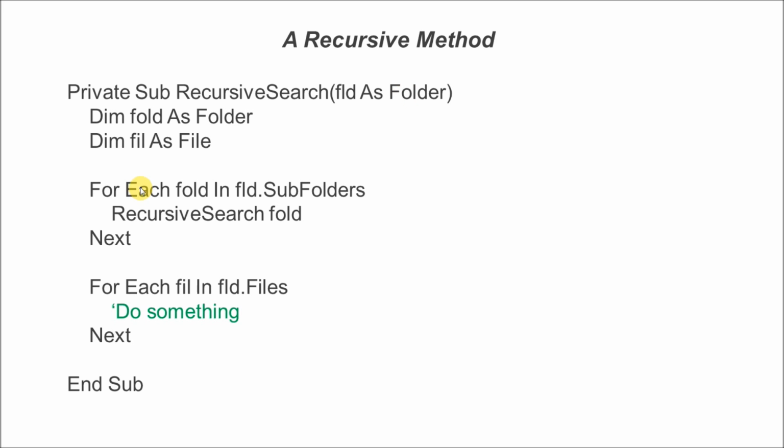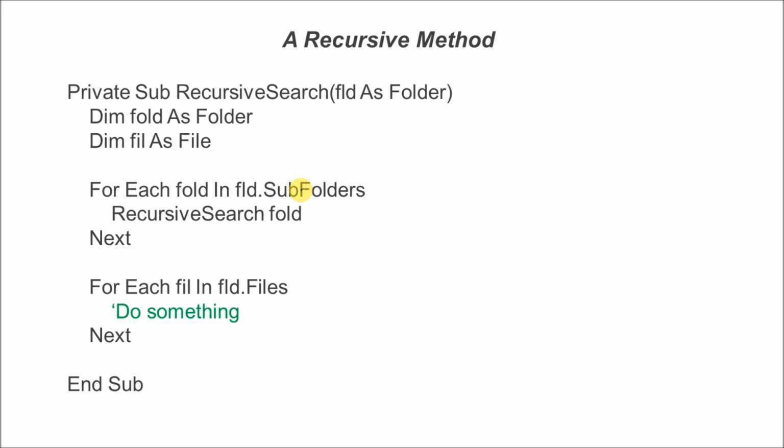The first thing it's going to do is perform that test we described a moment ago. And in this example, that test is actually a loop. So it's going to take our folder that it was given, FLD, and it's going to loop through all the folders in the subfolders collection. So this is where we do the exploration of how far down we go until we've found all the folders.